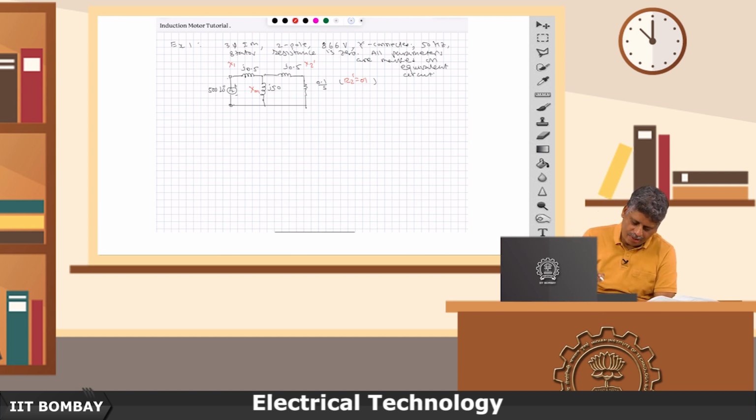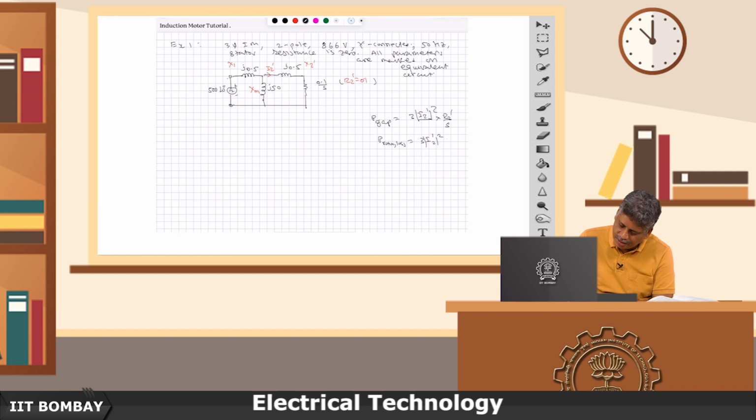Now our I2 dash flows here, and if you recall, the power which is transferred through the air gap is 3 times magnitude of I2 dash squared into R2 dash by S. This is the power transferred through the air gap to this resistance, out of which the rotor loss is 3 I2 dash squared R2 dash. Here 3 is for the number of phases.